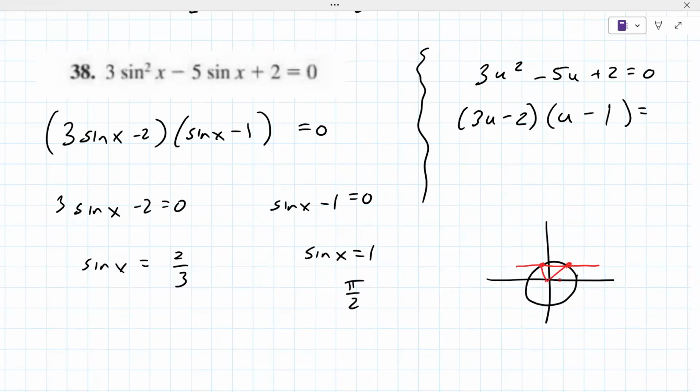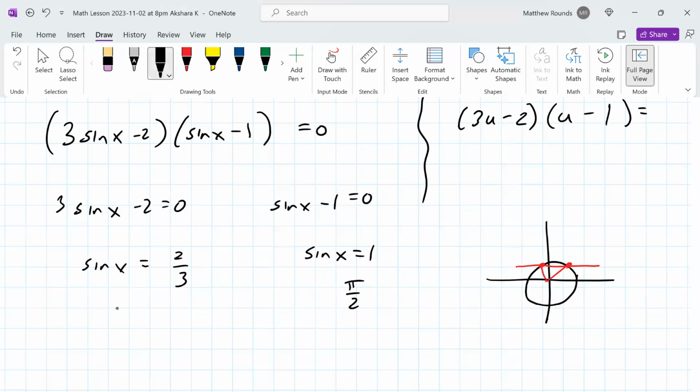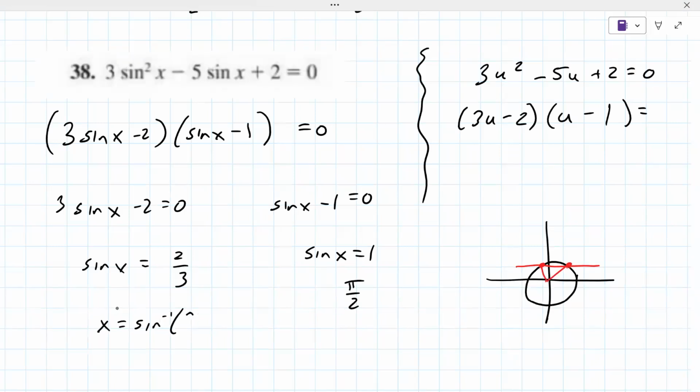So the way to find it is to use inverse sine. That'll give you the one in the first quadrant, but it won't give you the one in the second. To get the one in the second, it's pi minus sine inverse of 2/3. And if that doesn't make any sense, this is not a great problem.